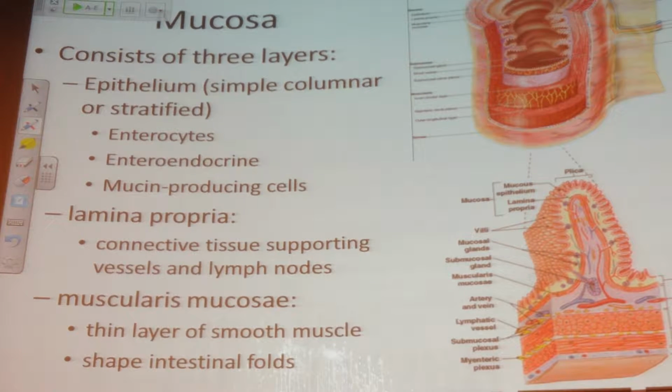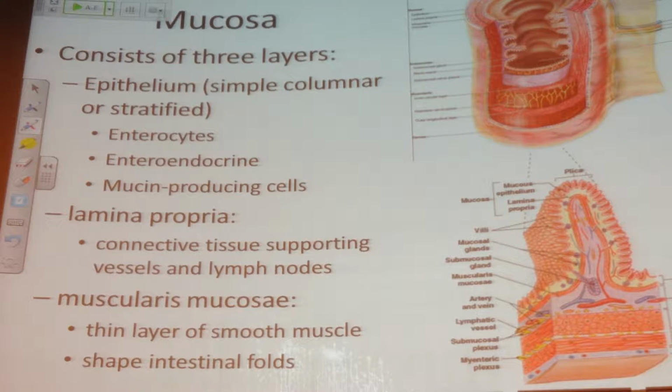So you find a lot of lymph systems there, lymph nodes there. These layers we call the lamina propria. The final layer is helping to shape your very inner mucosa. This is called the muscularis mucosae. Okay, so these three layers make up the mucosa.